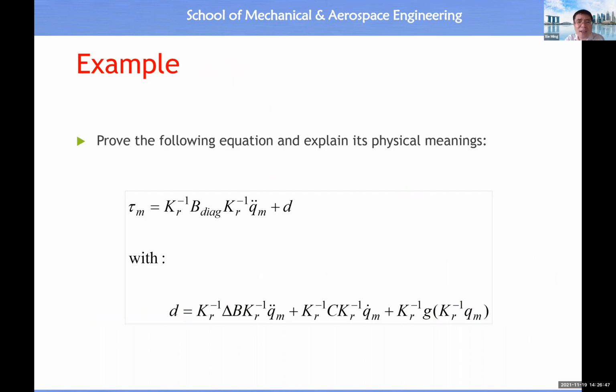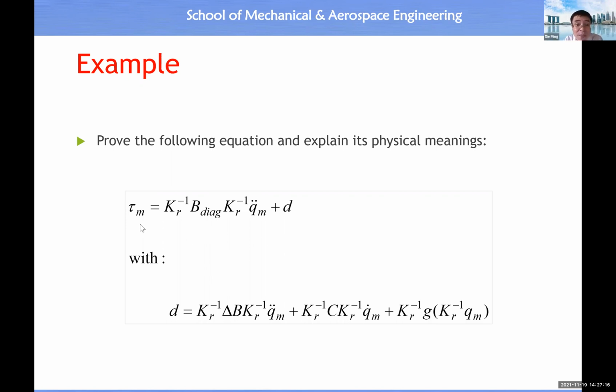Now we ask you to prove this expression: tau M is equal to a matrix times QM double dot plus an extra term, where the extra term equals the sum of these three terms. This looks like a matrix form of Newton's second law. Newton's second law is what? The net torque contributes to the angular acceleration by a moment of inertia.